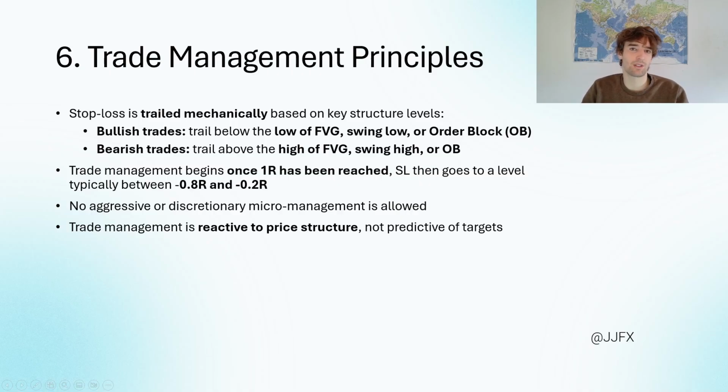So once I reach that 1 hour, I will be looking for a level between minus 0.8 and minus 0.2 R. So let's say there's a fair value gap at minus 0.5 R, then I'll be placing my stop loss right there. So no aggressive or discretionary micromanagement is allowed. Trade management is reactive to price structure and not predictive of targets.